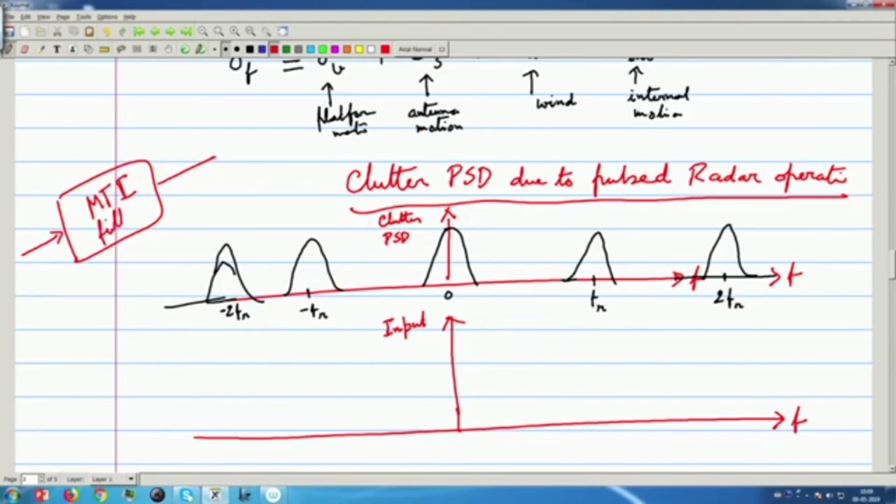Let us say this is the input and output. I should get this clutter removed by the MTI filter. So, what is a typical input to this MTI filter? This type of clutter.